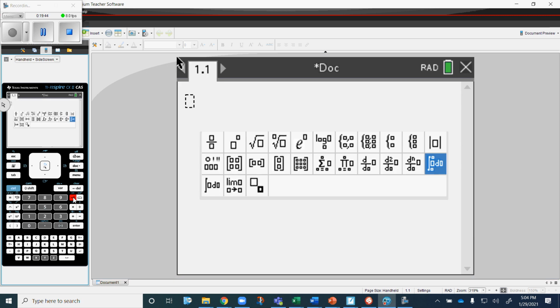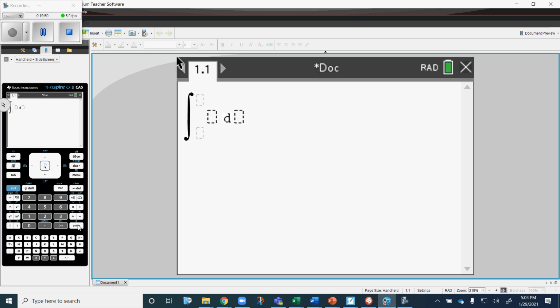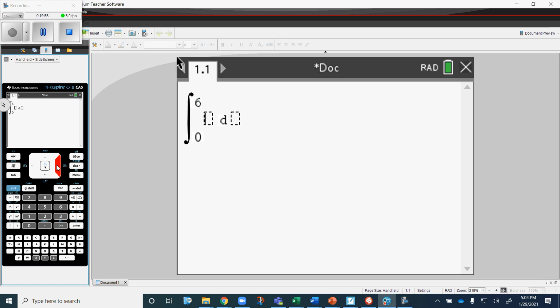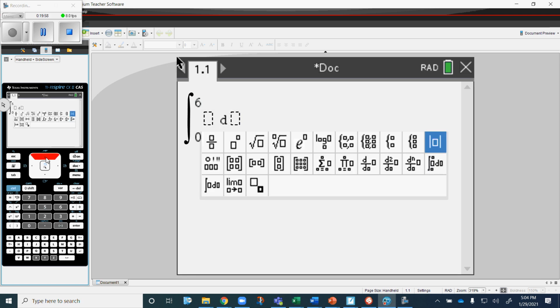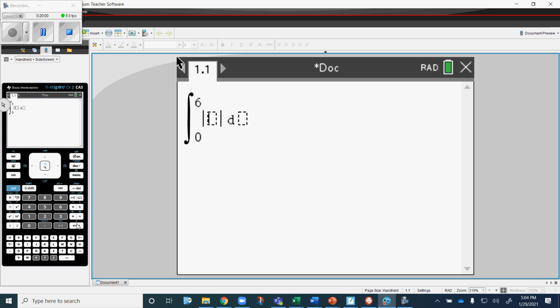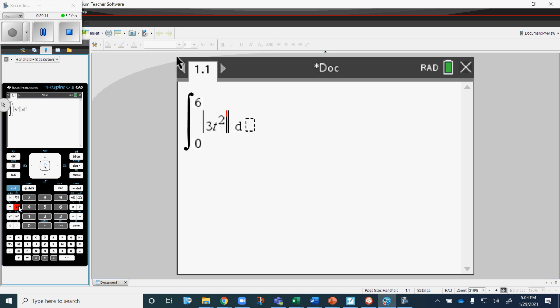So I'm going to hit the little button next to the book and pick my definite integral right there. We were doing it from 0 to 6. I'm going to hit that little button next to the book again and pick my absolute value symbol here. And we're going to take the velocity function that was given to us, 3t squared minus 10t plus 3 with respect to t, so dt in this case.